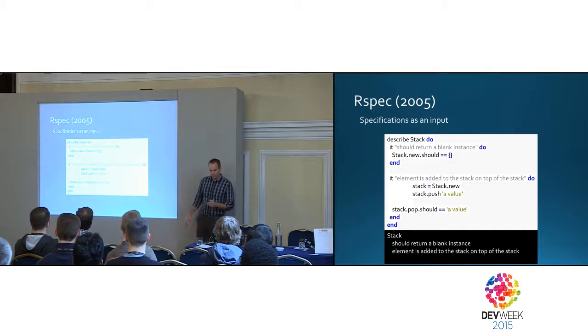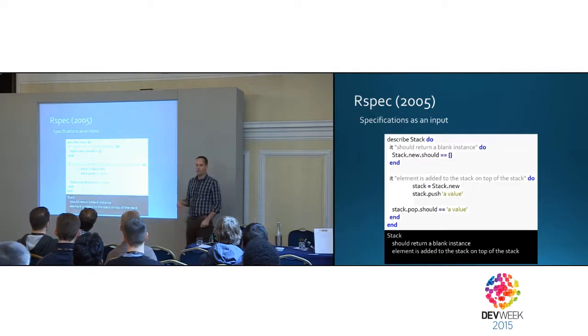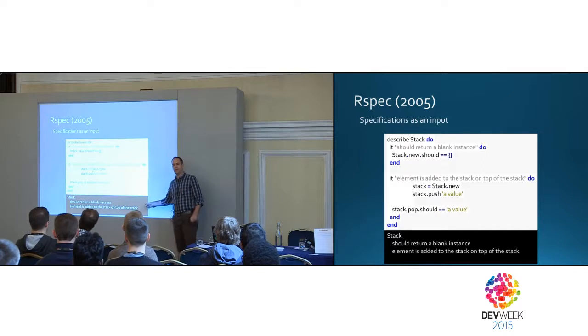What's nice about this form of doing it, which looks like a backwards unit test when we look at it, is that when I run that test, I get the following output. Stack should return a blank instance. Stack element added to the stack on top of the stack. This is user readable. Not writable, but readable.